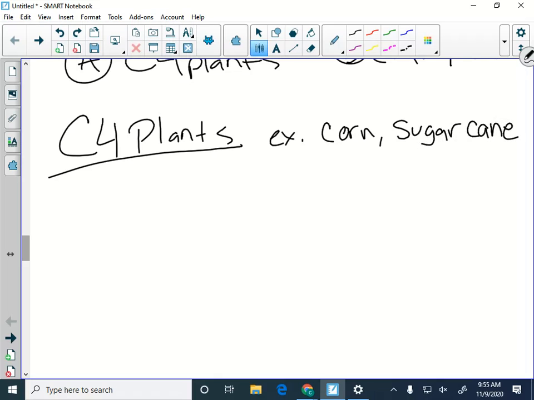On really, really hot, dry July days, corn can go through it, right? They have to figure out another way to fix carbon dioxide without losing all of the water that would have gone out of the stomata on those really hot, dry days.